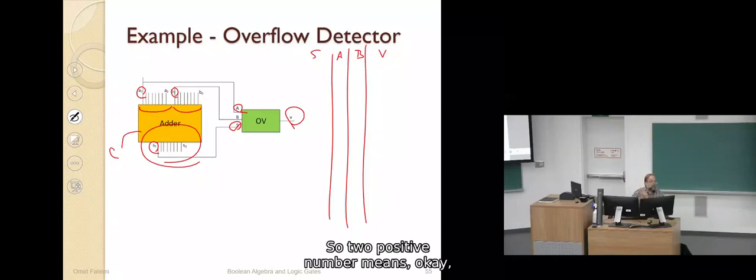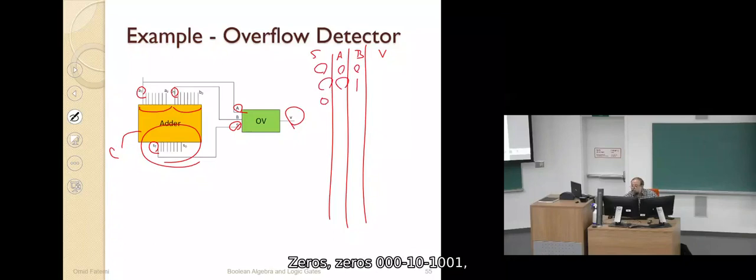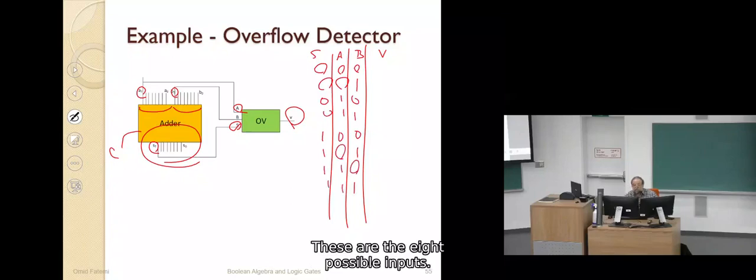So 2 positive numbers means, okay, let me write all of the 8 possible conditions. 0, 0, 0, 0, 0, 1, 0, 1, 0, 0, 1, 1, 1, 0, 0, 1, 0, 1, 1, 1, 0, 1, 1, 1. These are the 8 possible inputs.